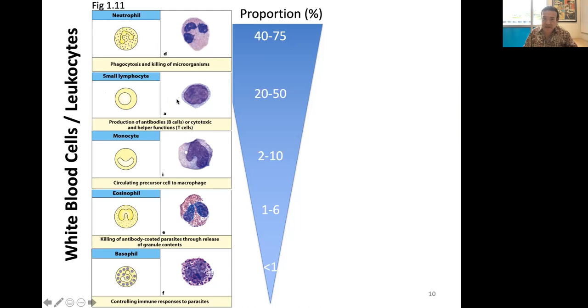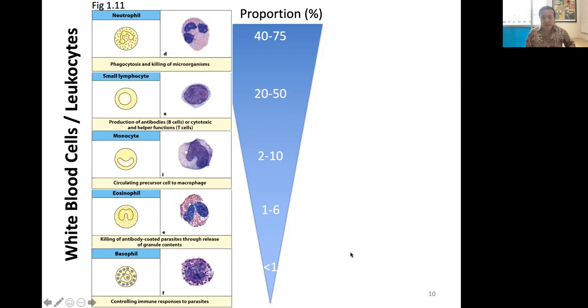Right, so these small lymphocytes, things like B cells, T cells, they are pretty abundant floating around in your blood as well. 20 to 50% of the white blood cells in your blood at any given time are the small lymphocytes. Then you have monocytes that I mentioned previously are going around in your blood until they get to certain spots in your tissue, in which case they will leave the blood and become things like macrophages or dendritic cells. So those are about 2 to 10%. Then you have the rare things, these granulocytes like eosinophils, 1 to 6%. And the rarest of the 5 are the basophils. So fewer than 1% of the white blood cells are the basophils.